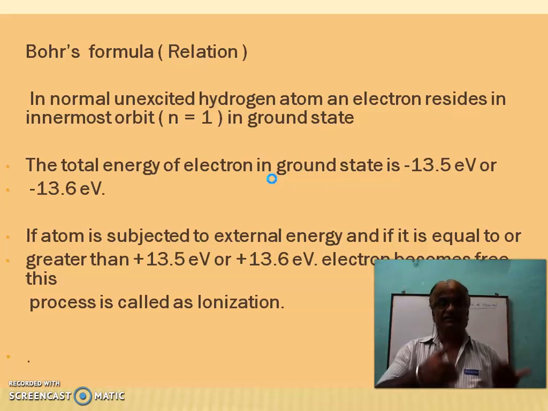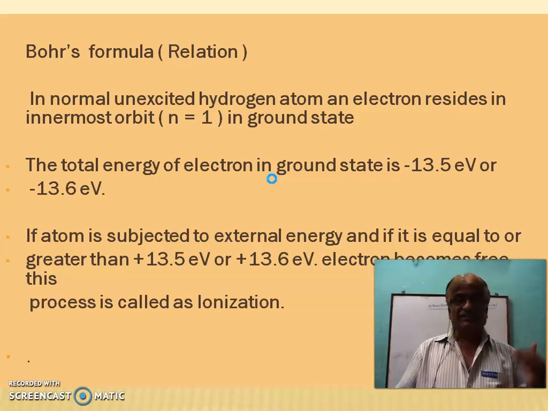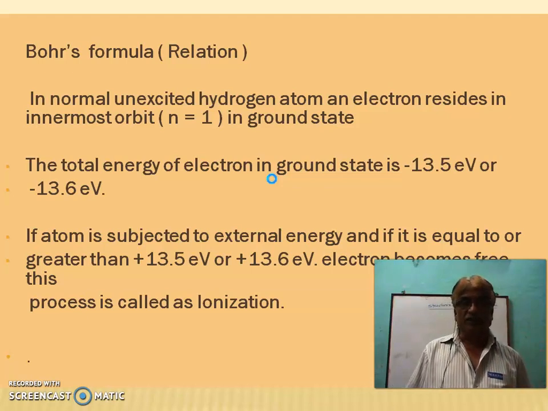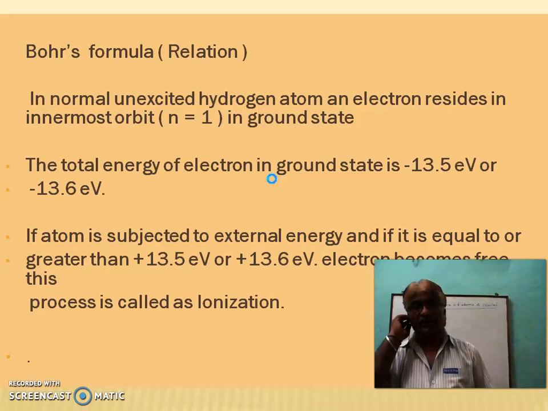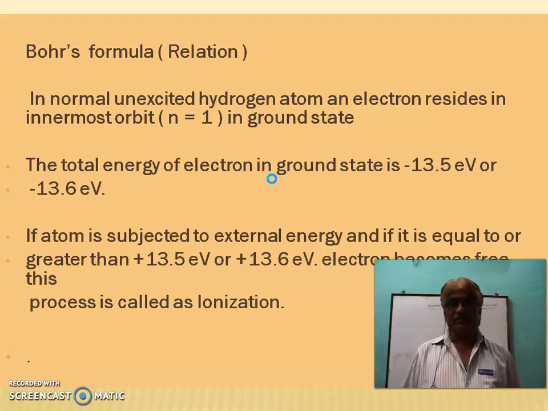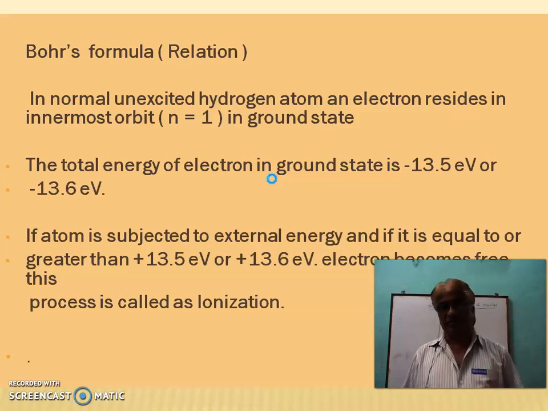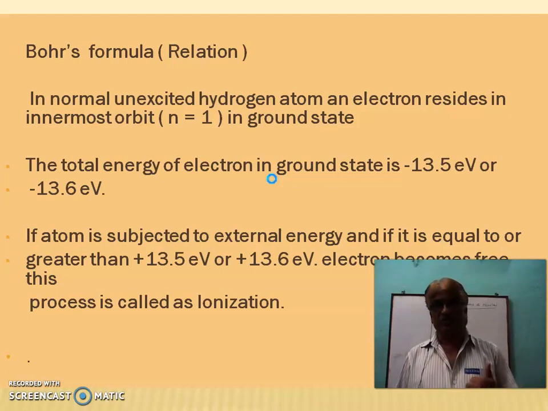When the electron resides in the innermost orbit in the ground state, the total energy of the electron is either minus 13.5 electron volt or minus 13.6 electron volt. The question arises in our mind, why minus 13.5 or minus 13.6 electron volt?